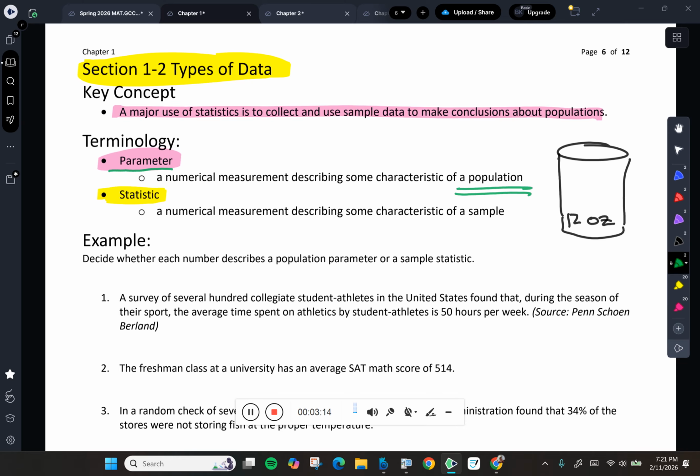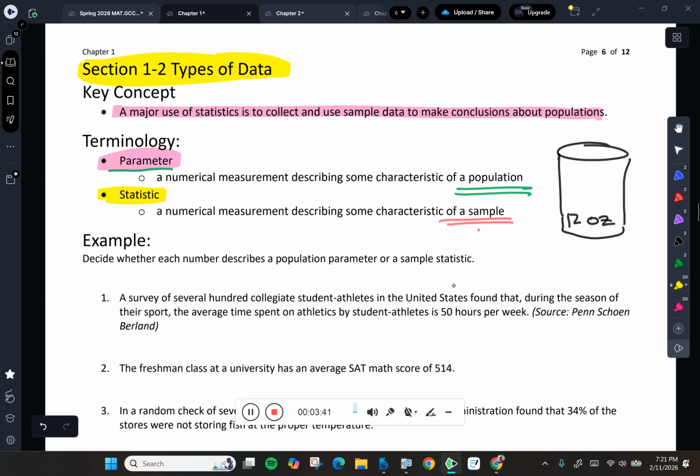Outside of some very rare instances, it's almost impossible to measure a population. There's just too many. Okay? So we measure samples from a population, and our hope is that we can use that sample statistic to approximate or to discuss a population parameter.